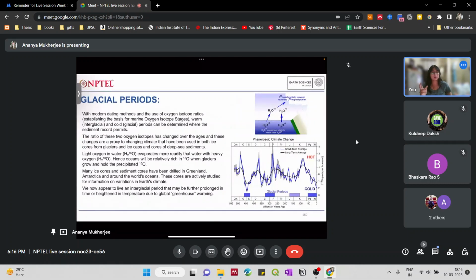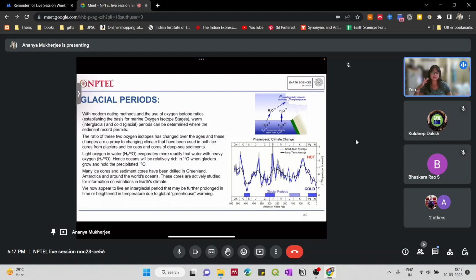So how do we know glacial periods have happened? There must be some method which is easier for us to measure, and we can say that at this point of time in the geological past, the temperatures were cooler or warmer.